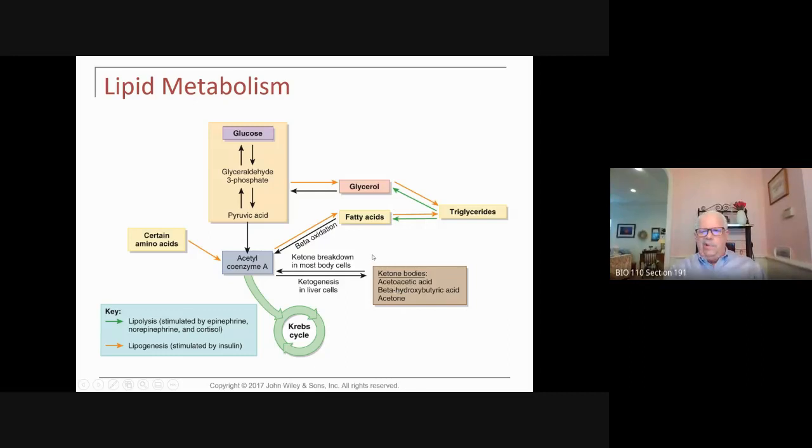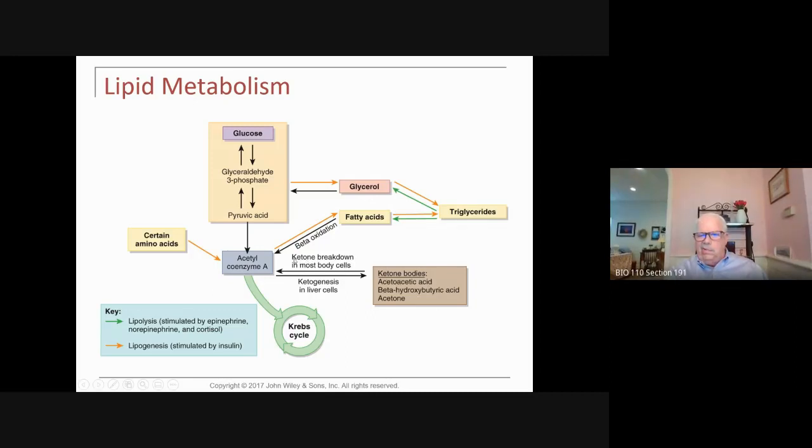What happens when you break down fat? When you break down fat, you have byproduct. Here's fat, triglycerides. When you break down fat, you have fatty acids and glycerol. Okay? These fatty acids can also be further broken down into what is called ketones.